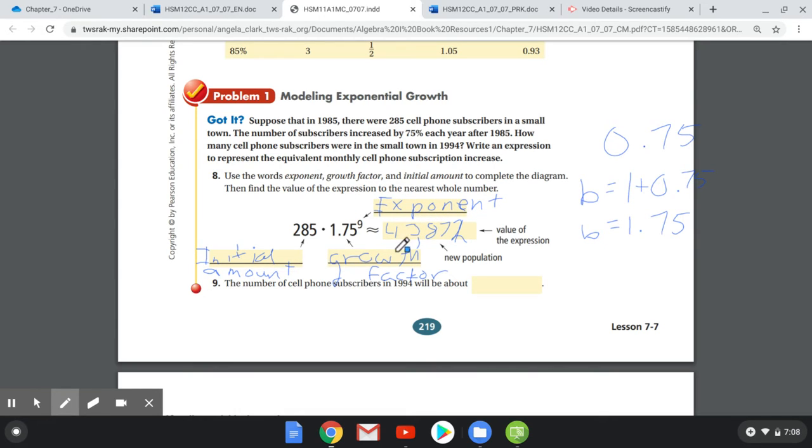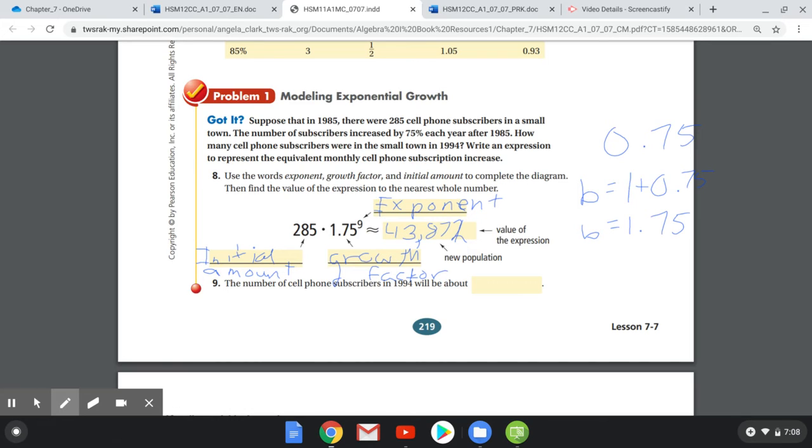But since we're doing people, right, we can't really have 0.9 people. So I went ahead and rounded that to the nearest person. Oh, that just made it worse. Sometimes, depending on the situation, you have to decide how you want to round your values.